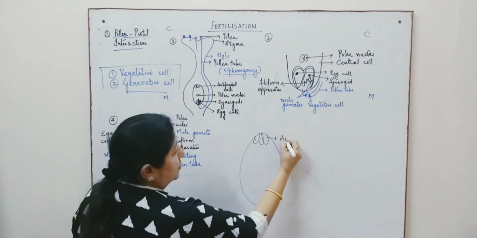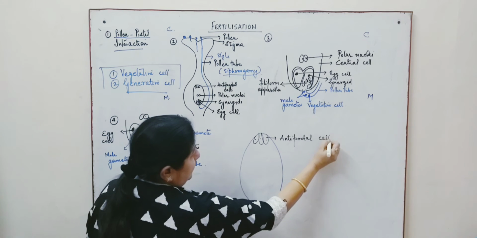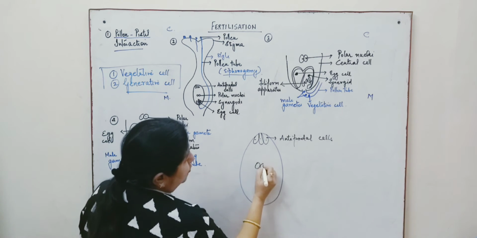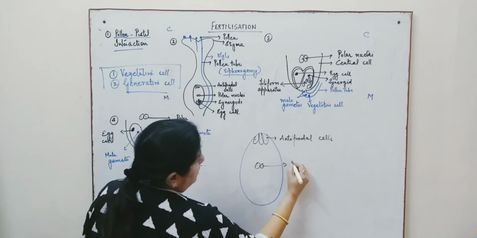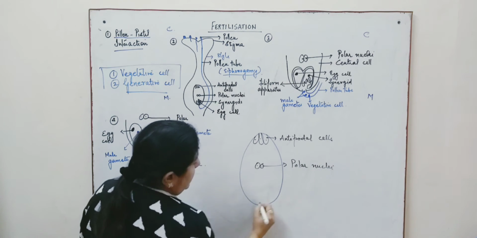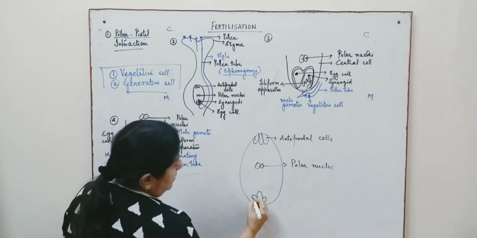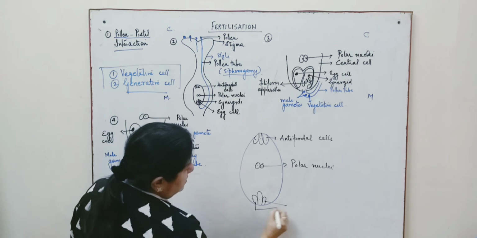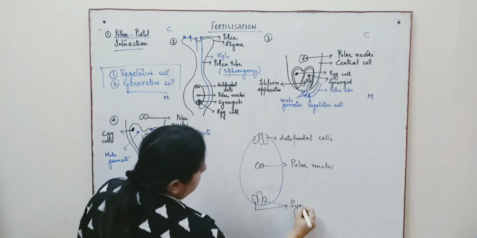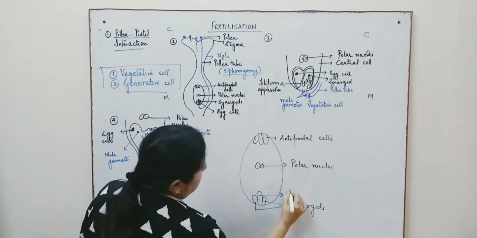These are the antipodal cells. We have two polar nuclei over here. And we have synergids. These are the two synergids. And this is the egg cell.